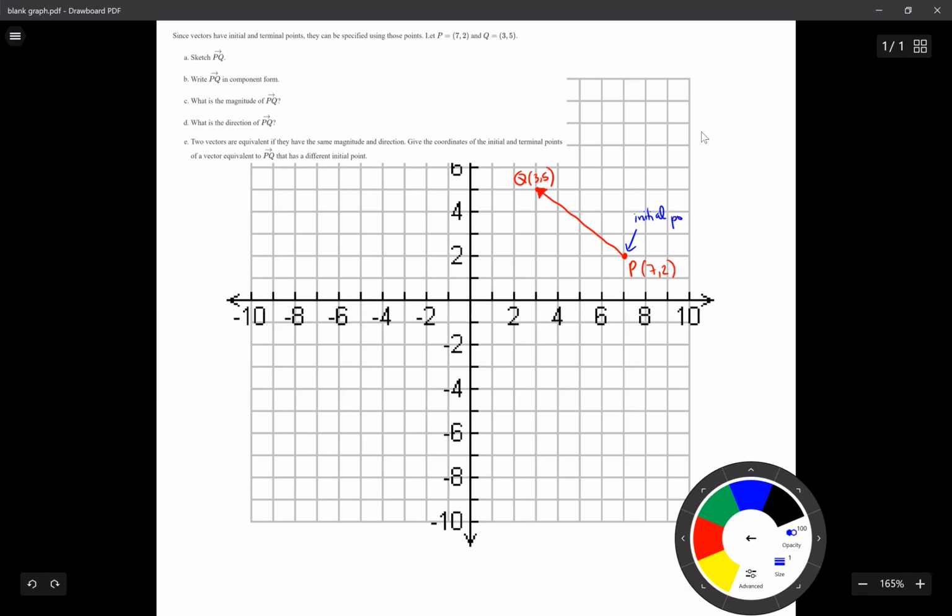And you can put a note for yourself. So where's the terminal point? Thank you, Lynn. Q is the terminal point.